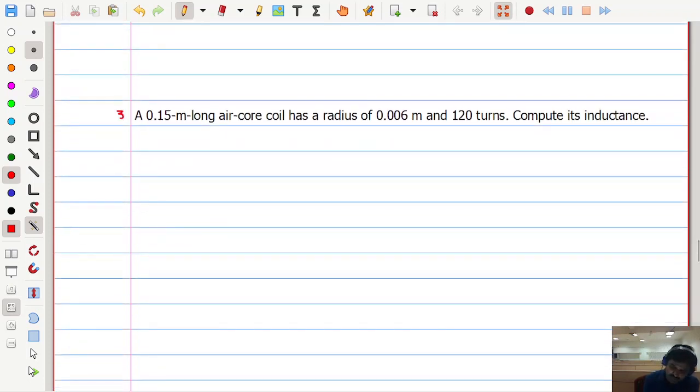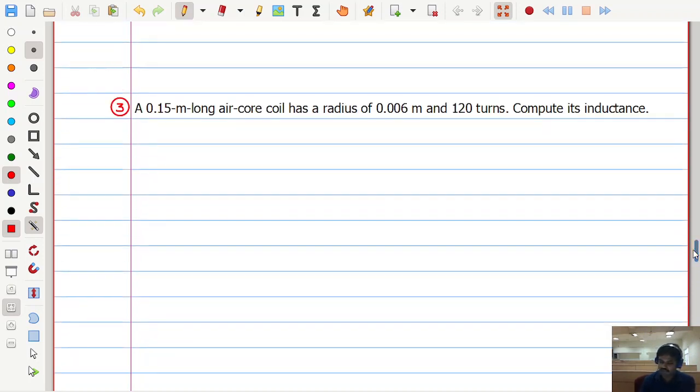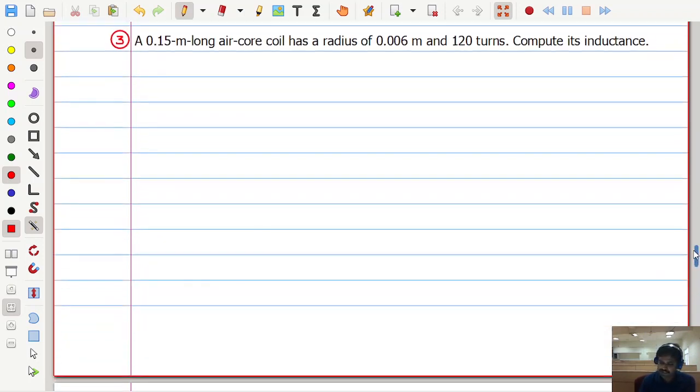So this third one. See this, again read it. A 0.15 meter long air core coil, means the length of the coil is given. How much is that? 0.15 meters.